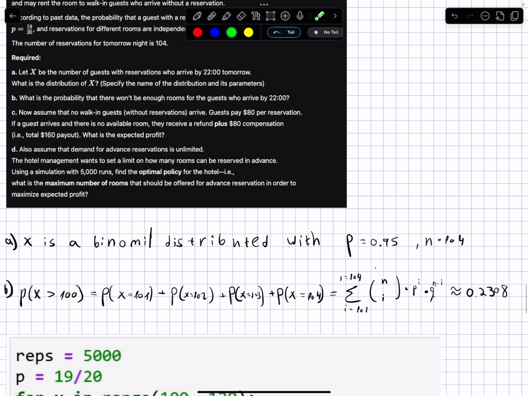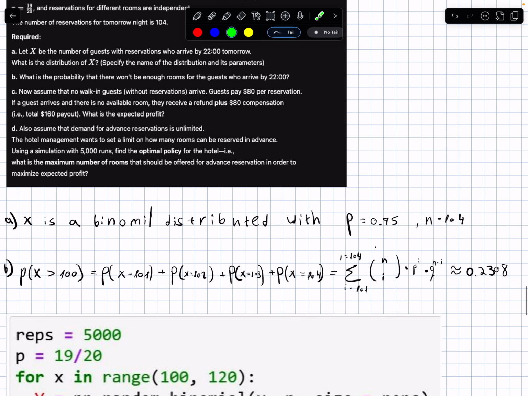Now they ask us, what is the probability that there won't be enough rooms for the guests who arrive by 10? So this is also easy to do. We calculate the probability of X being bigger than 100, meaning the probability of either of them happening. And because they are independent and exclusive, we can just add them. So the probability of 101, 102, 103, and 104.